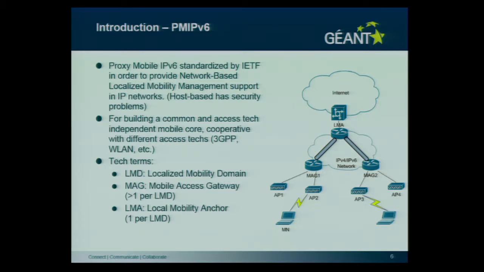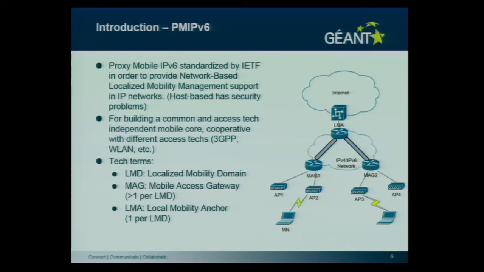Per domain we have a localized mobility anchor, or LMA, which functions like the home agent. It is also the gateway of all the traffic sent to and from the device to the outside world.